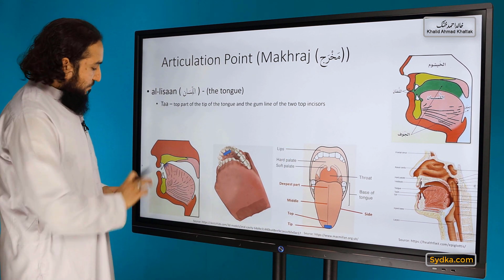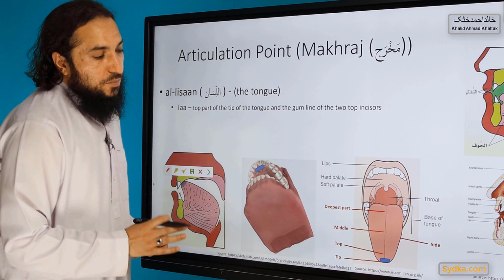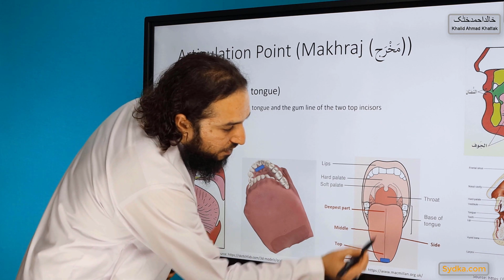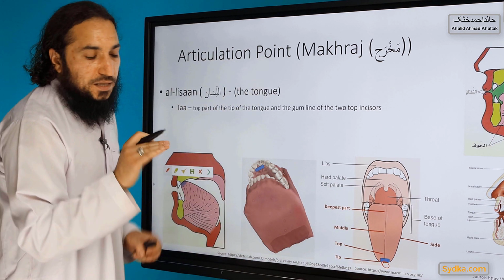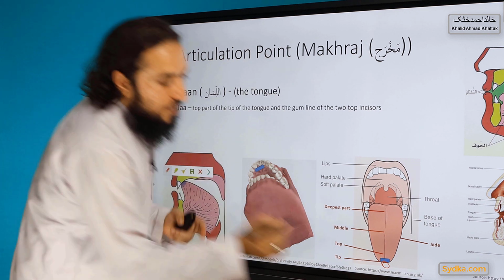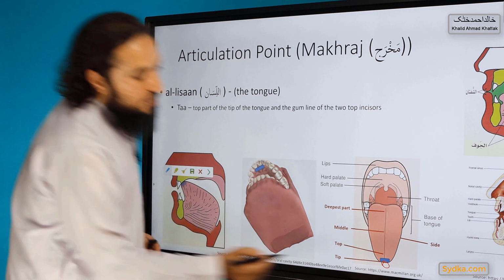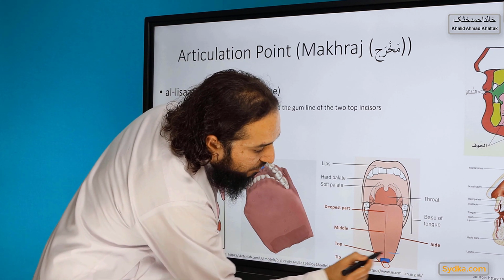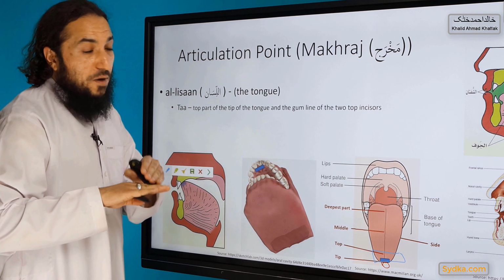The tongue can be divided into multiple parts. This is the tip of the tongue. Let me change the color. This part is the top of the tongue.